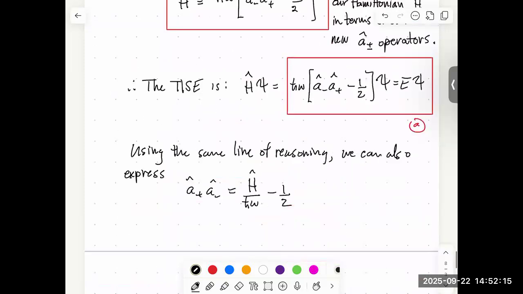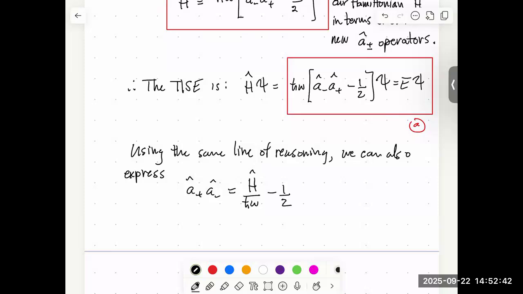You can understand why the result is just a change in sign, because our commutator between x hat and p hat gave some result. If I did the commutator between p hat and x hat, I just get the negative of that result. And so that's why it's just a negative sign in the commutator term.